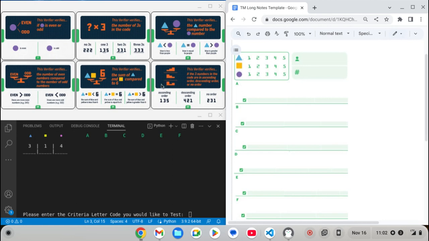So should the ordering be in an ascending order, meaning that each digit is increasing, as in the example 135, or is it that the 3-digit solution is in a descending order, or basically all of them are decreasing from 4 to 2 to 1, or could it be that there is no order? So let's take a look at the example of 231. Notice that it goes from 2 to 3, which is increasing, and then 3 to 1, thus decreasing.